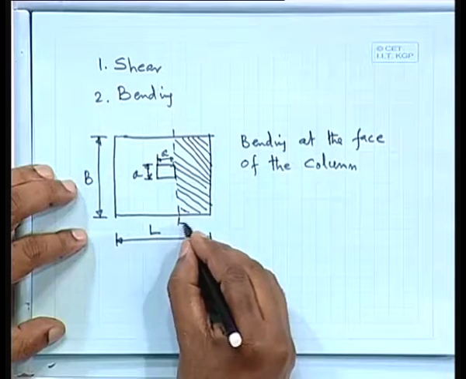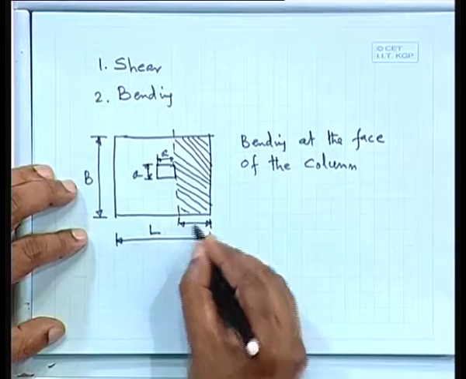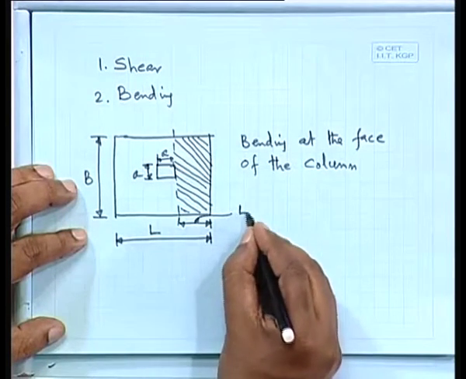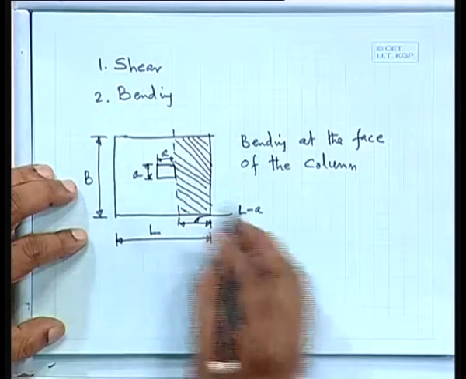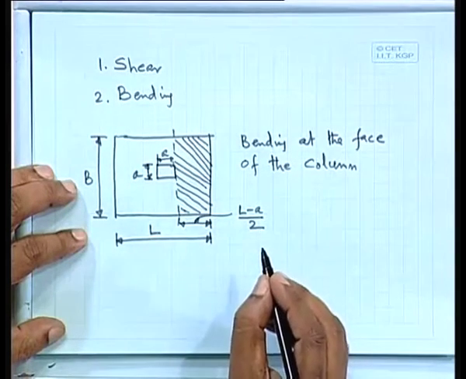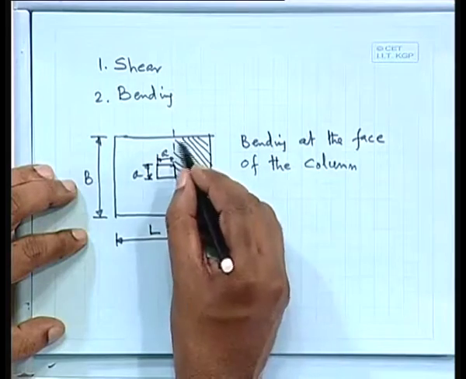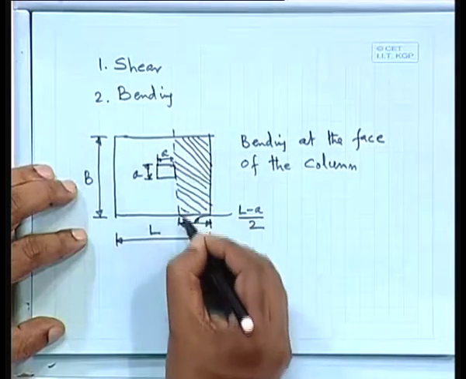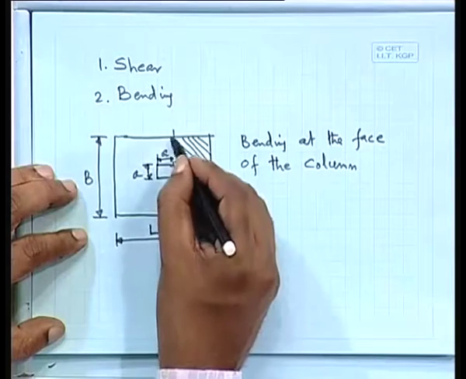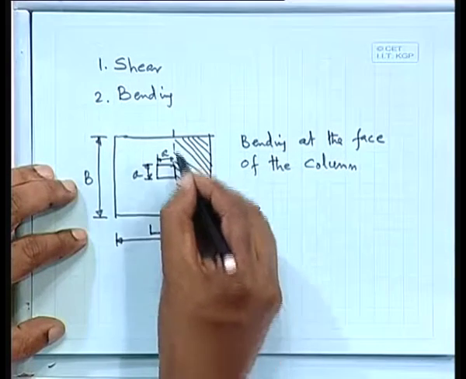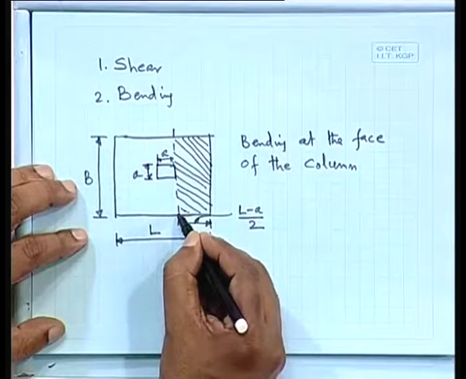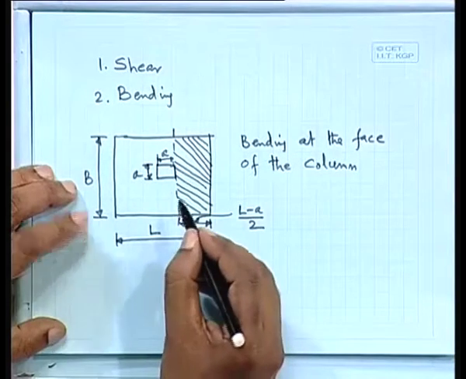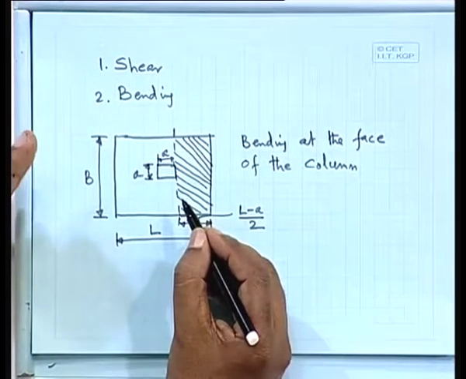So this length is equal to L minus A by 2. So we shall take this portion L minus A by 2. Due to bending, we shall find out the bending moment at this position, which will be taken as a cantilever beam.